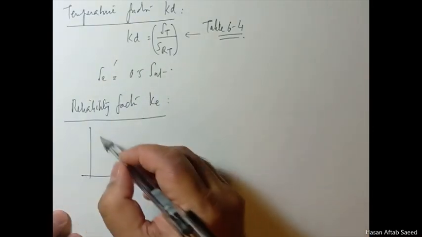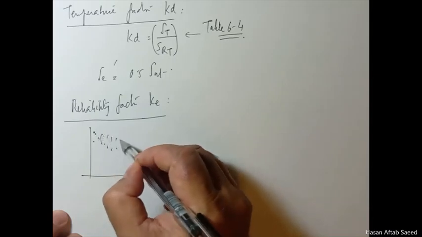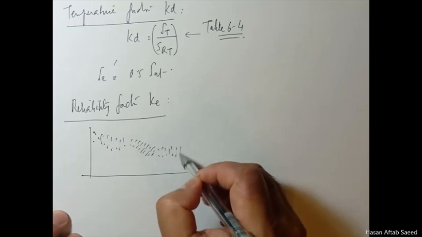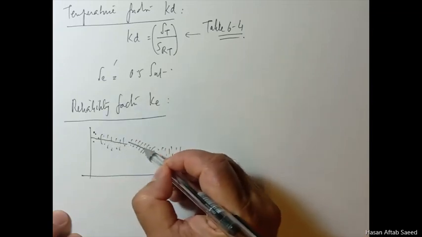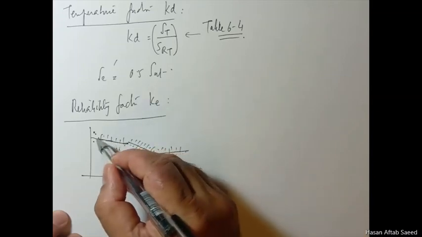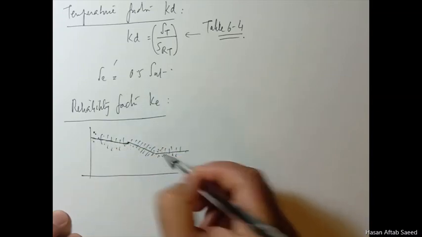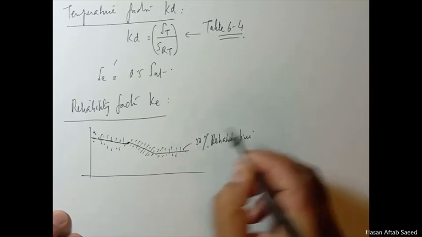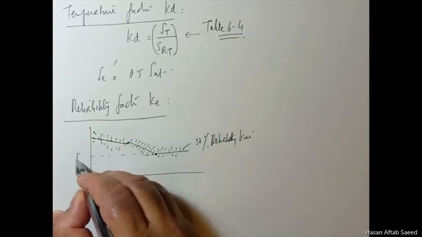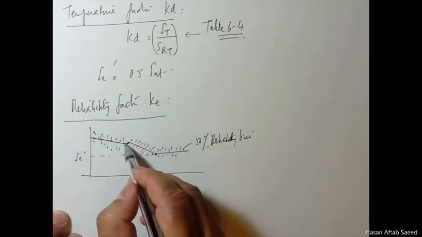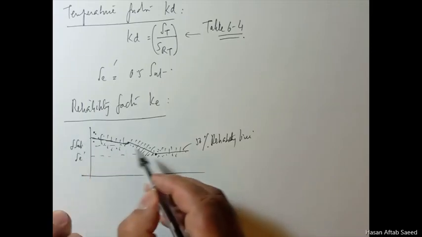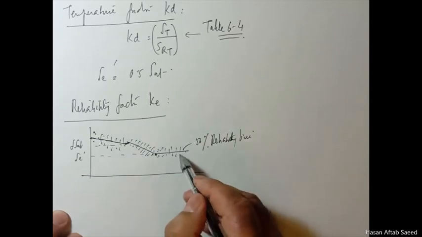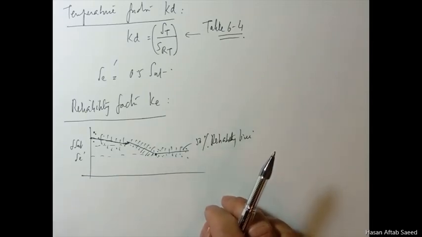If you recall that we had this sort of a shape, and it was only that we had drawn these lines at the 50% reliability line when we had found these values of, for example, SE prime and FSUT. All these values were actually taken when we had drawn this interpolation line at 50% reliability level.